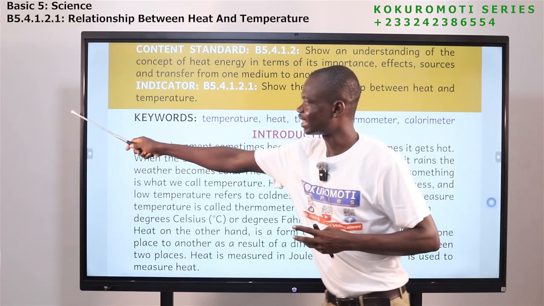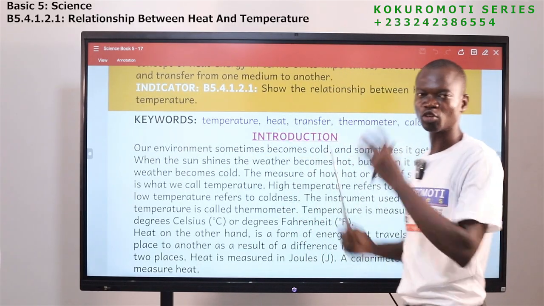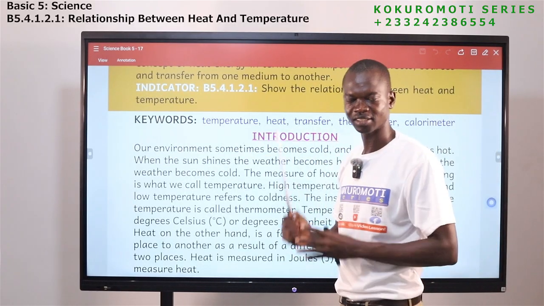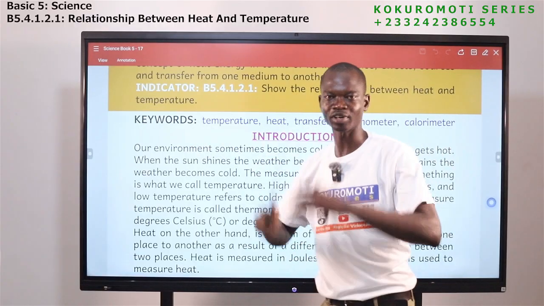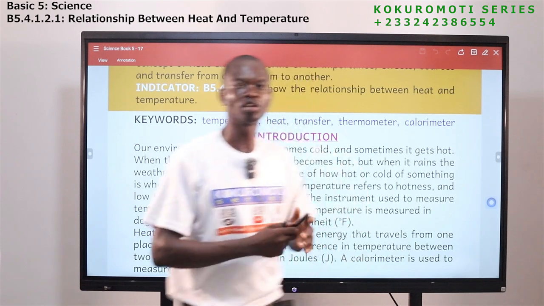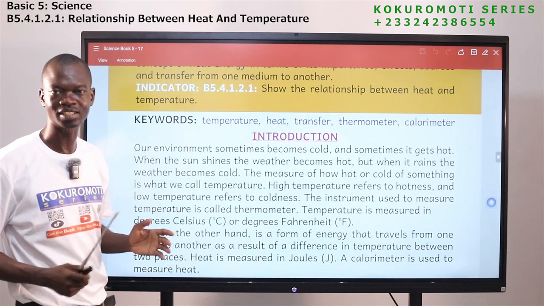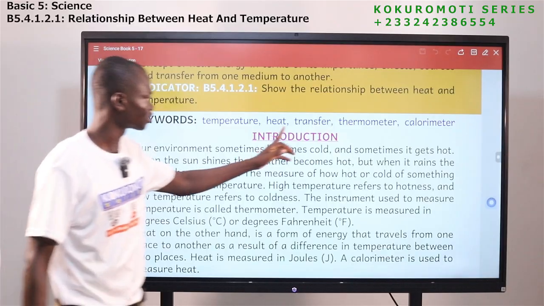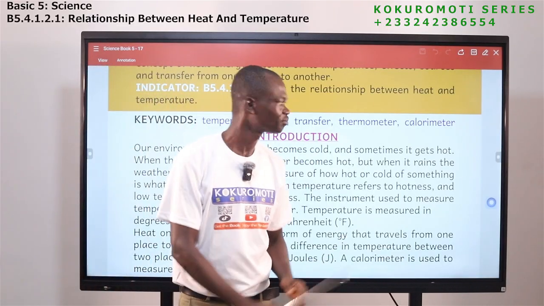So that energy will be transferred from here to this side because of what? The differences between these two parts in terms of what? Temperature. So difference in temperature causes heat to be transferred from one point to another. So heat is a form of energy. Transfer means to move from one point to another point.